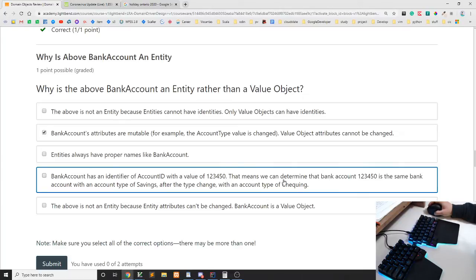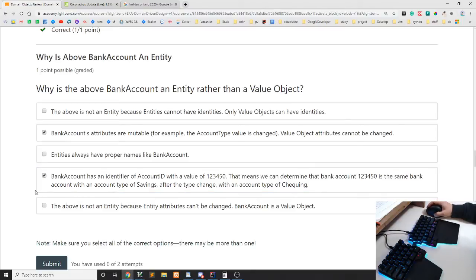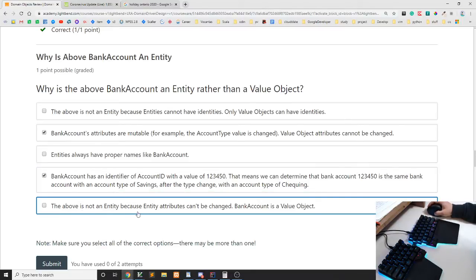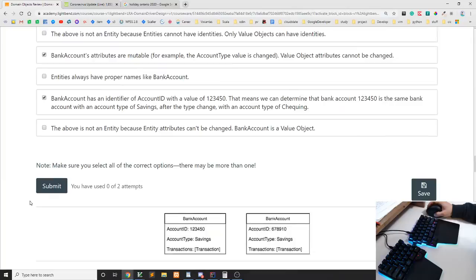That means we can determine that our bank account 123450 is the same bank account with an account type of savings, after the type changed, with an account type of checking. The above is not an entity because entity attributes cannot be changed. Bank account is a value object.